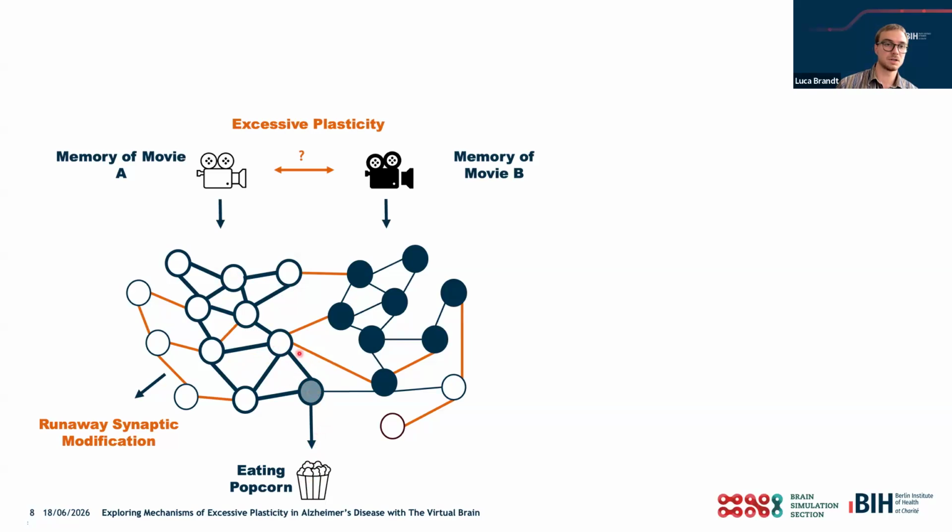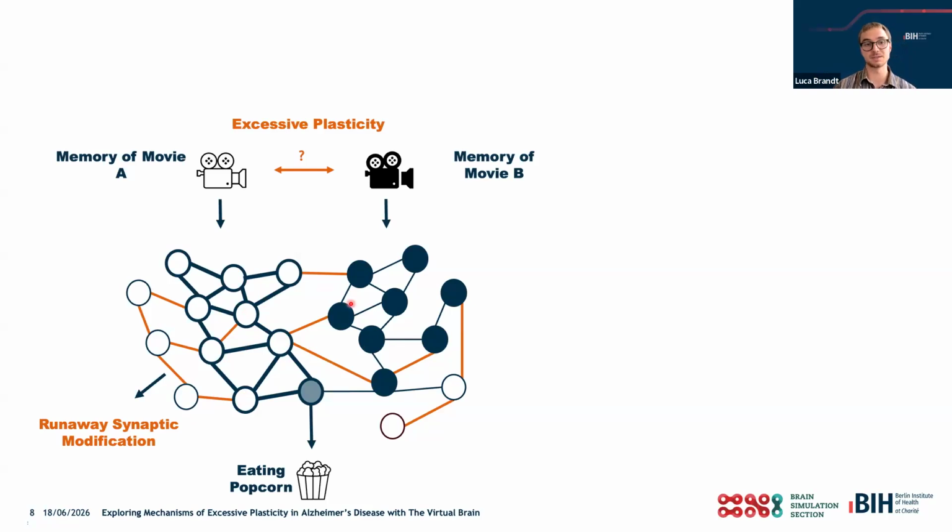And there would be some false connections between the two memories. So an excessive strengthening of the already established connections and false acausal, you can call them, connections. So this is called a runaway synaptic modification and would lead to confusion between the two movies.